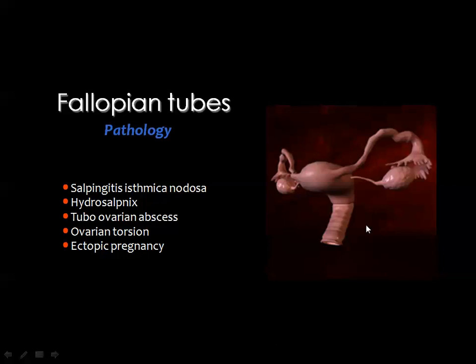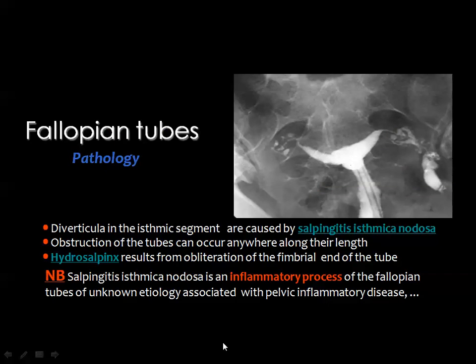Lesions affecting the fallopian tubes include salpingitis isthmica nodosa, hydrosalpinx, tubo-ovarian abscesses, ovarian torsion, and ectopic pregnancy.